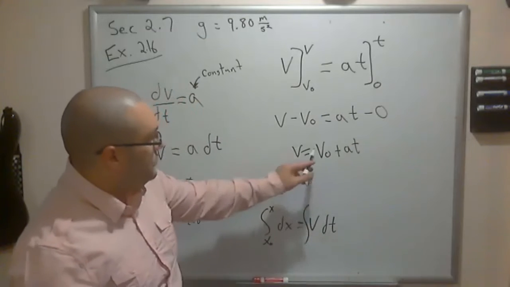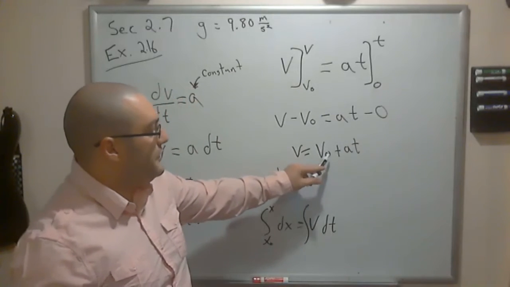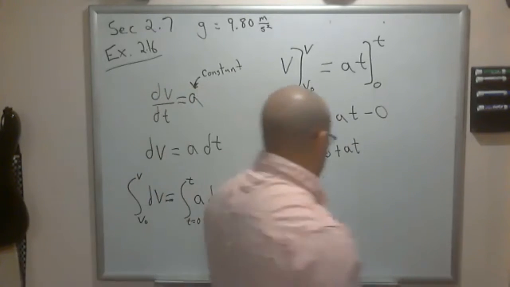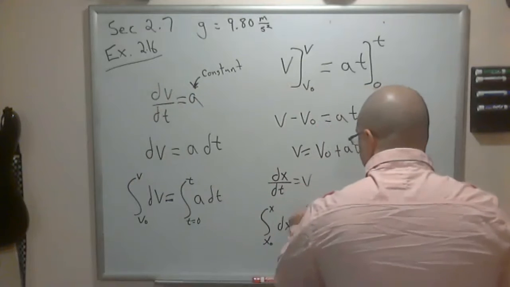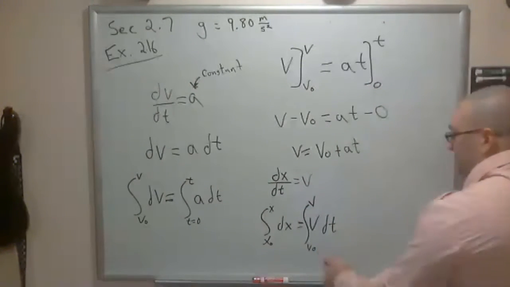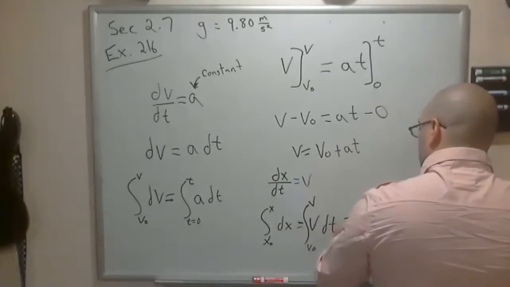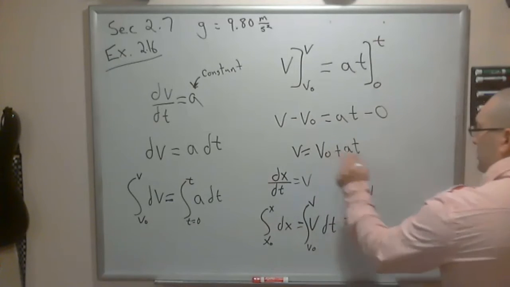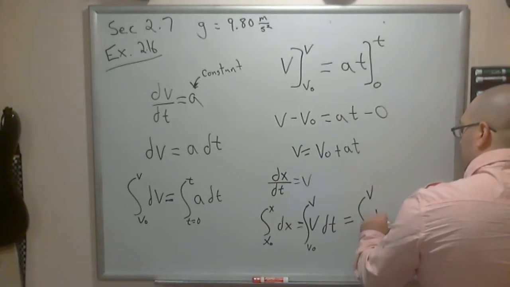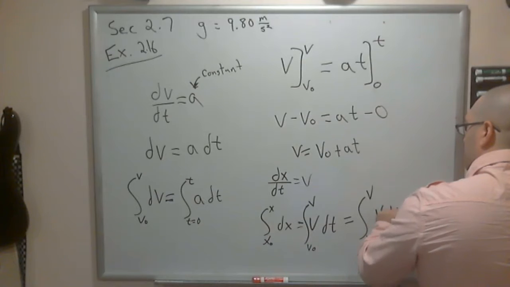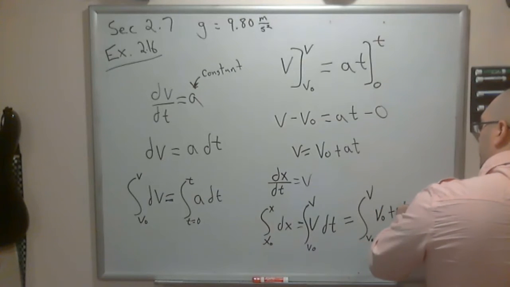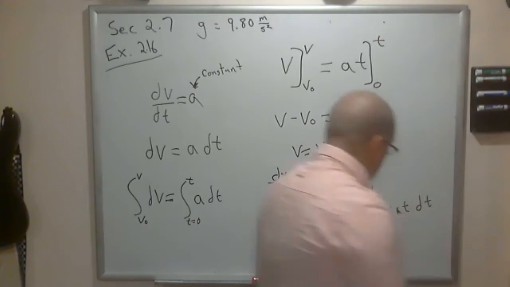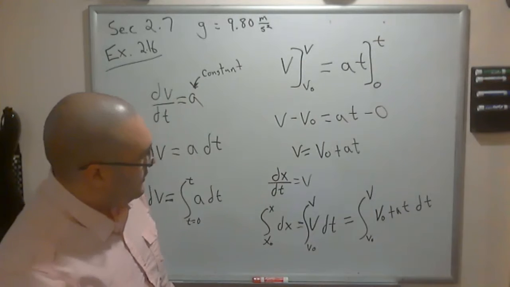So where's our function of t? It comes from over here. So now we plug that in, and then of course the limits are from v naught to v. So then now we replace v with the function we just derived, and we have this, right?